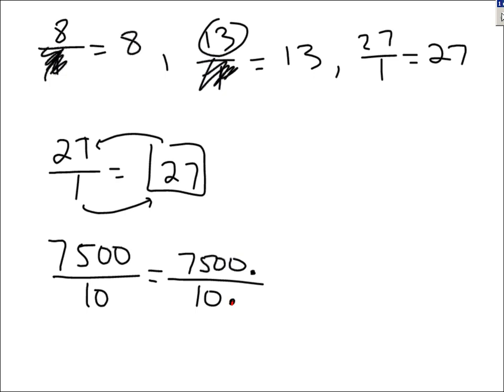I would love to move that decimal on the bottom 1 place to the left, because then I'm going to get 1.0. But 1.0 is the number 1, after all.